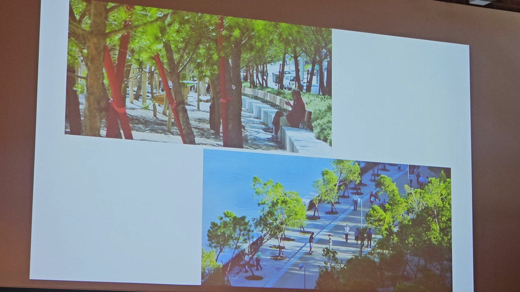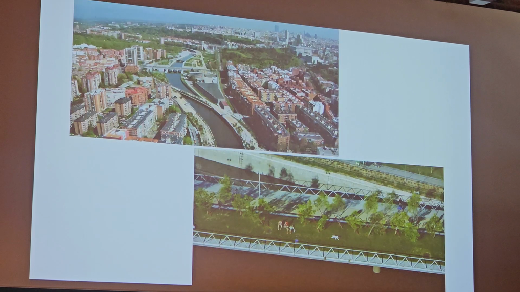You're still in the city center of Madrid, but using this notion of bringing a lot of trees back into Madrid, being able to lower the temperature and create spaces for shade to escape the sun. So again, a massive project, creating new kinds of public space, creating a new urban waterfront.